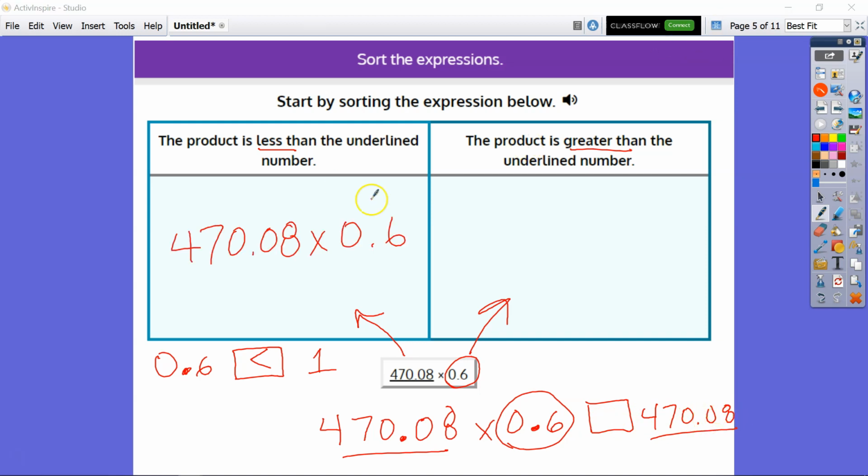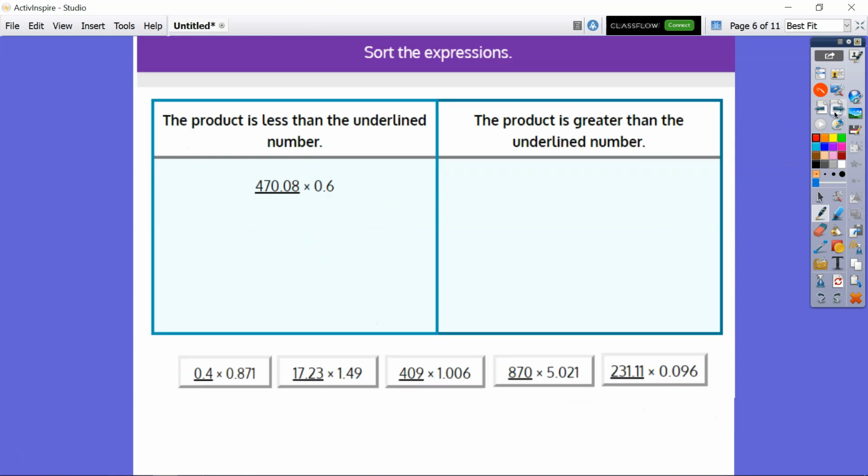All right, let's take a look at the next couple problems here. So now we're doing the same thing. We're going to sort the expressions, and we're comparing it. Is the product less than the number underlined, or is the product greater than the number underlined? So because we're comparing the product to the number that's underlined, we know that our scaling factor is the other number.